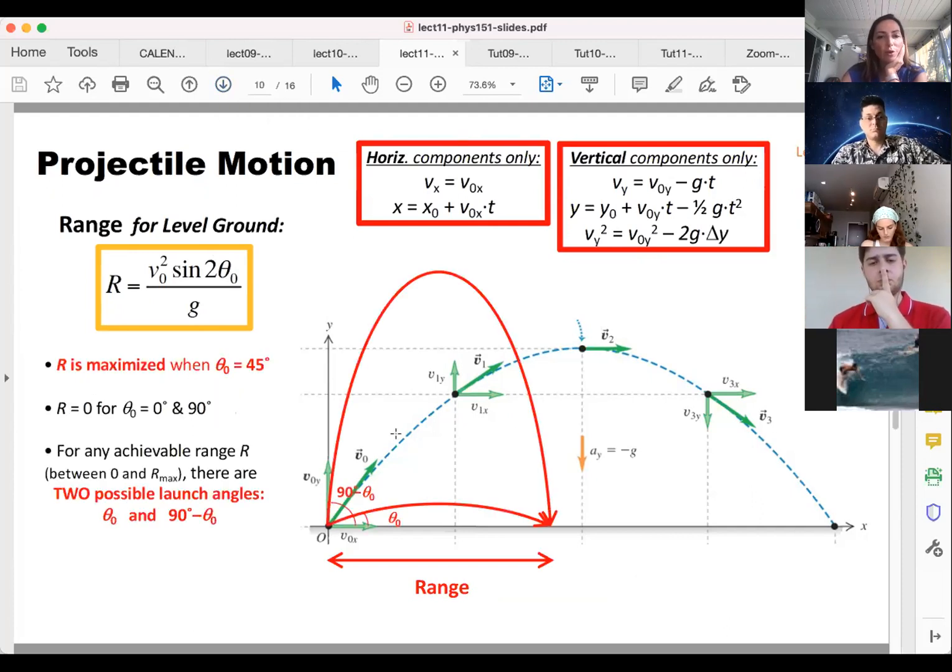Of course, for any achievable range R, there are 2 possible launching angles: theta 0 and 90 minus theta 0.